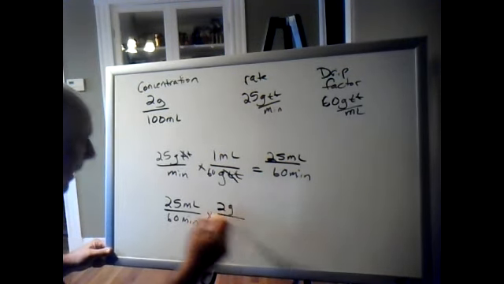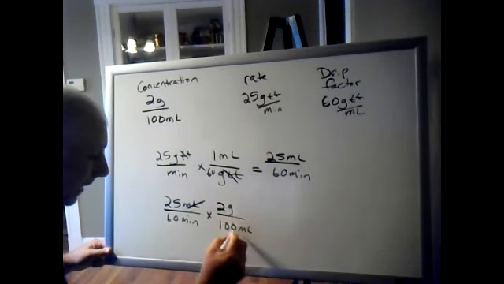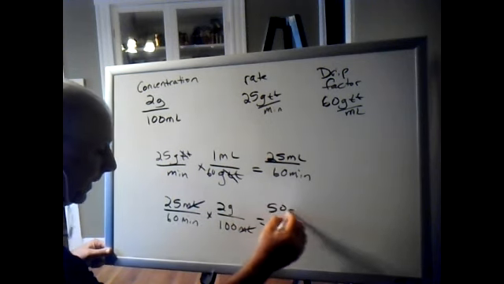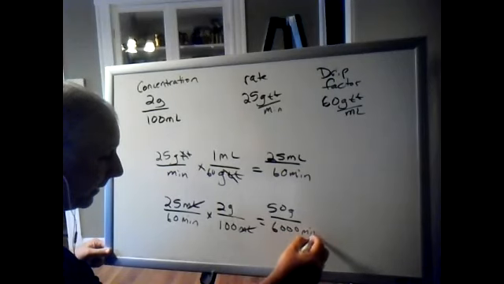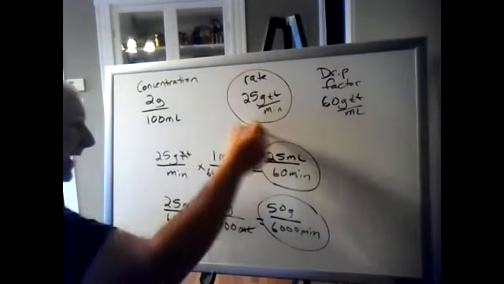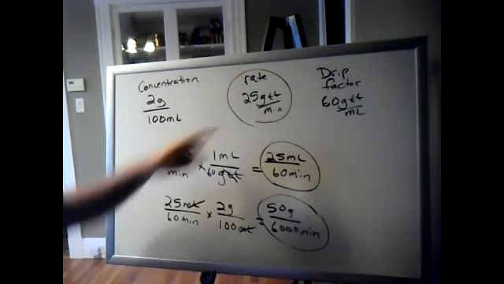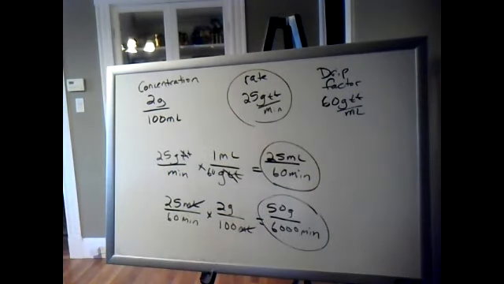Again, focused on canceling out units, we will find that this is going to be 50 grams every 6,000 minutes. So these are all rates on the exact same setup, just based on different rates, whether you want to know the drops, the milliliters, or the grams.